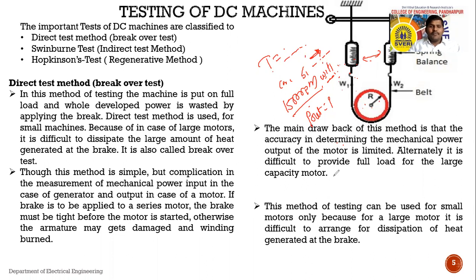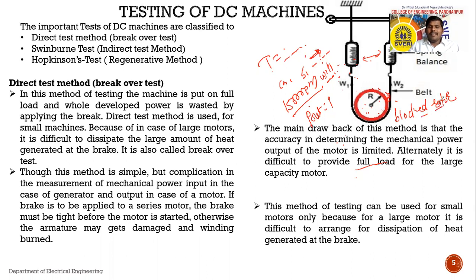Also, it is difficult to provide a full load for a large capacity motor. If it is a small motor, we are able to apply the full load. Full load in the sense we directly stop the rotor also, that means we are conducting a blocked rotor test. The rotor can be blocked.